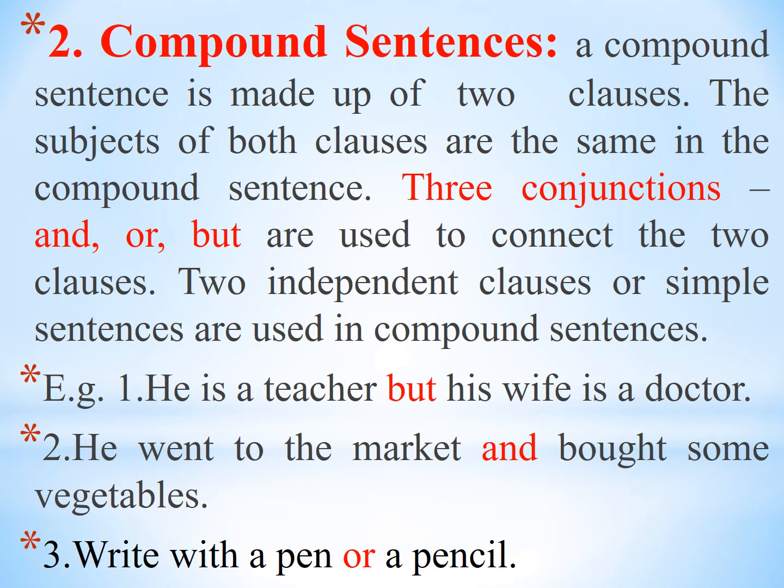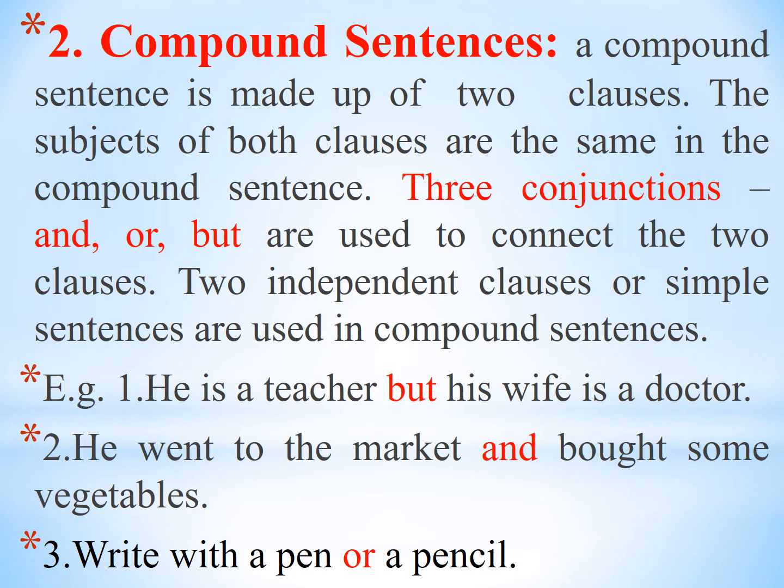For example, he is a teacher. This is one independent clause or main clause. It has its own meaning. But his wife is a doctor. But is conjunction and there are two clauses. First clause is he is a teacher. Second clause is his wife is a doctor.